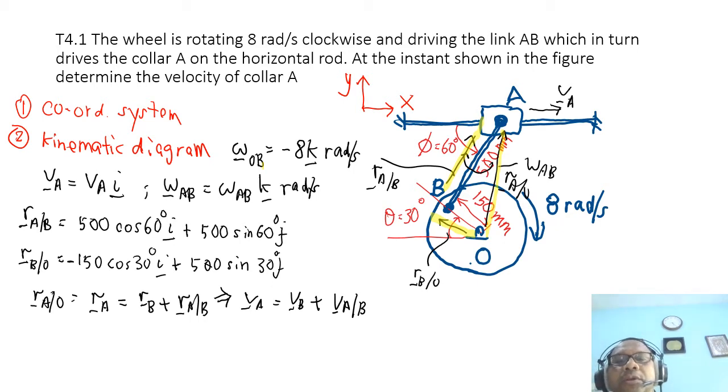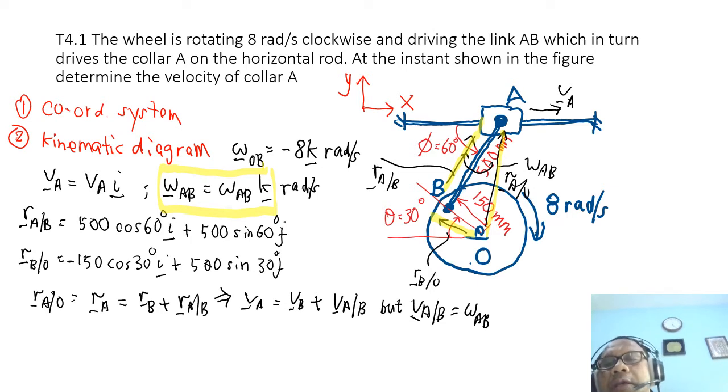We know the relative velocity is omega AB k cross position vector A relative to B.